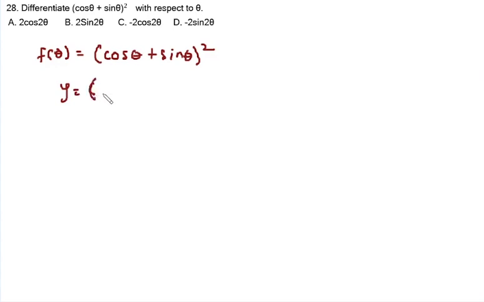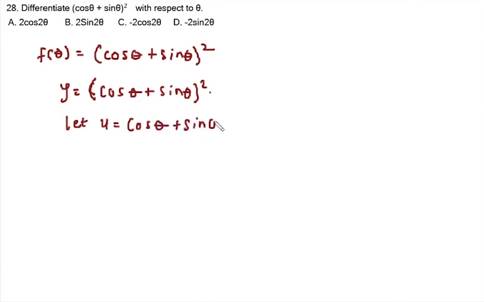To solve this problem, you need to use the chain rule because you have a function inside a larger function. So we assign cos theta plus sine theta to another variable. Select u equal to cos theta plus sine theta, so that y is equal to u squared, and then dy du is equal to 2u.